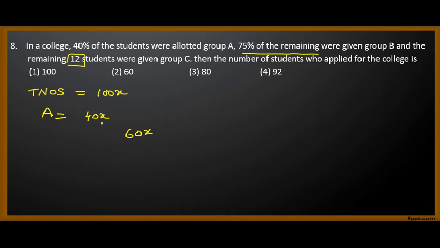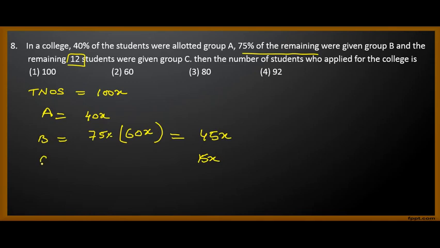Now for B, how much is allotted? 75% of the remaining. What is the remaining? The remaining is 60x. So 75% of the remaining is equivalent to 45x. Now what is the leftover from 60x? If you deduct 45x, the remaining part is 15x.